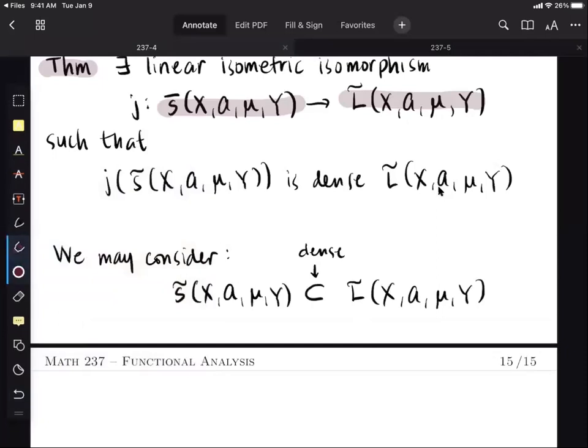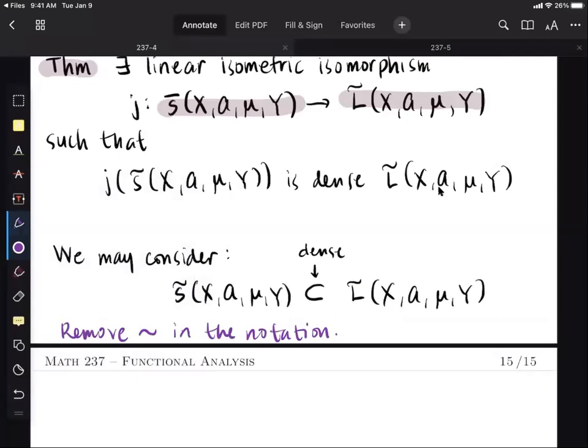With this, we now again remove, or suppress, the tilde in the notation. In other words, for simplicity, we will ignore this tilde here, but keeping in mind that these are equivalence classes.